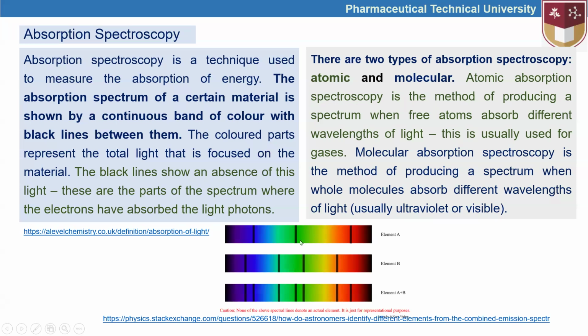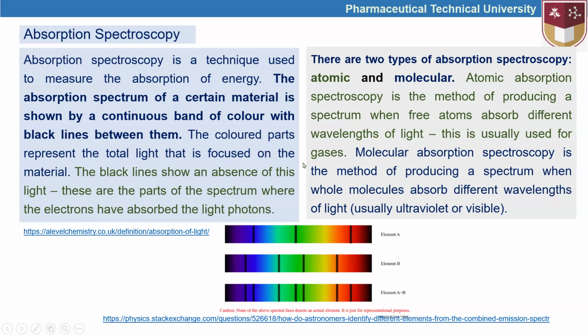I mean, the presence of atoms can be determined by absorption spectroscopy, and some functional groups of molecules can also be identified based on their absorption spectra. Atomic absorption spectroscopy is the method of producing a spectrum when free atoms absorb different wavelengths of light.